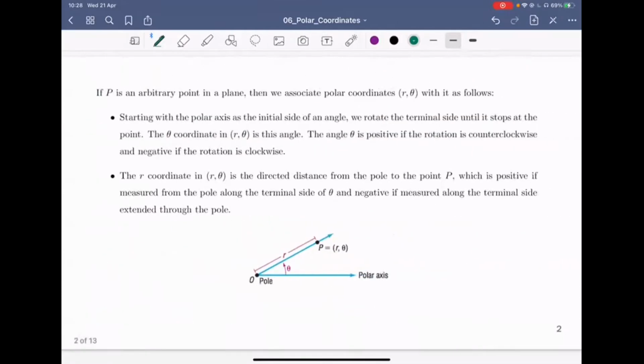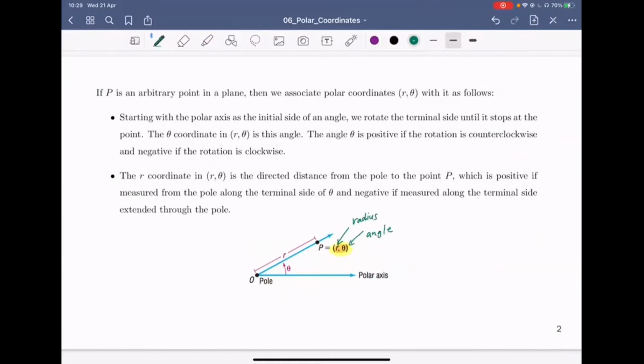To get a polar coordinate point, you use an ordered pair as well, but your ordered pair is r and theta. Your r is the radius, and your theta is the angle.